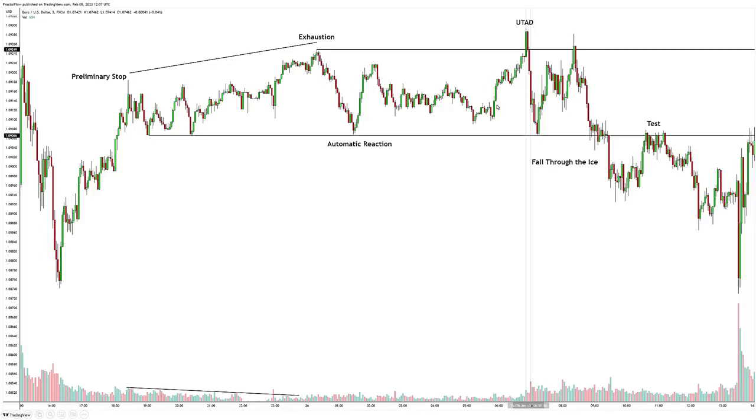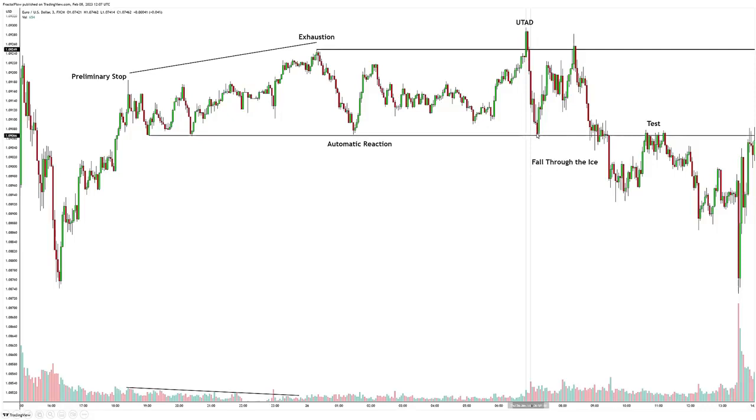Right after this candle, we have a divergent subsequent shift. Notice how price begins to fall immediately after it breaks out of the range. See how volume also starts to pick up after this. This is the most important event in the distribution. Price goes directly into the level determined by the automatic reaction, but it doesn't break it.